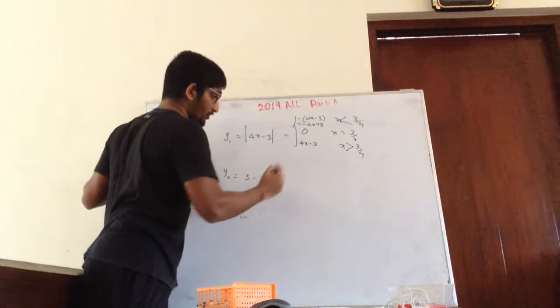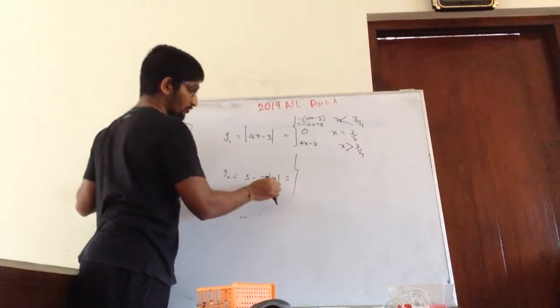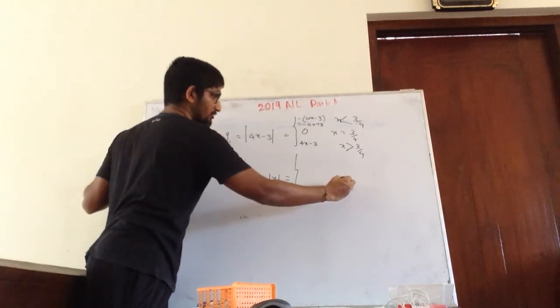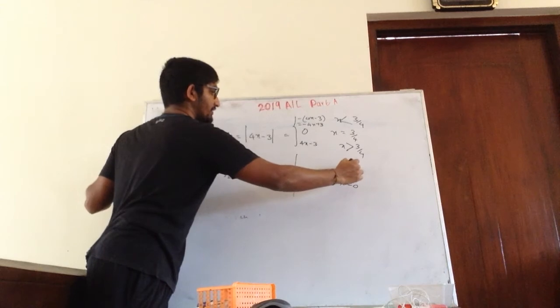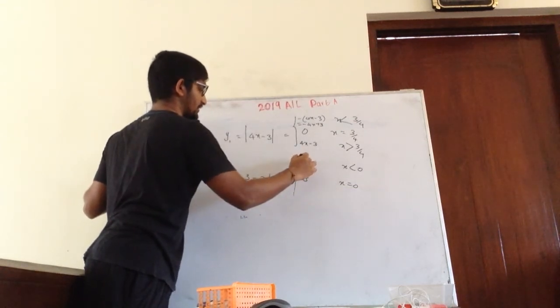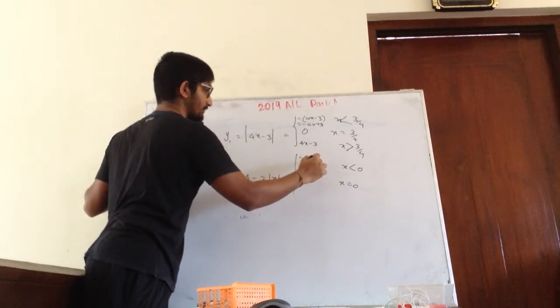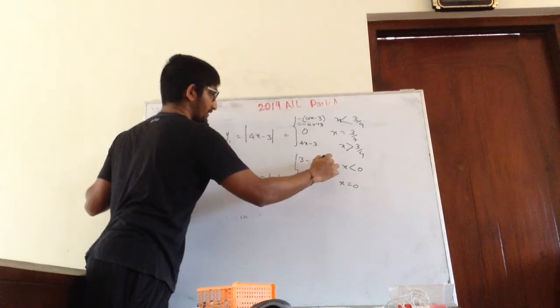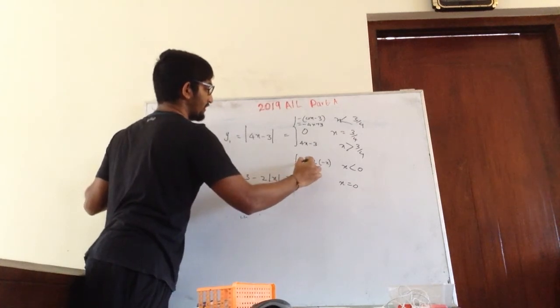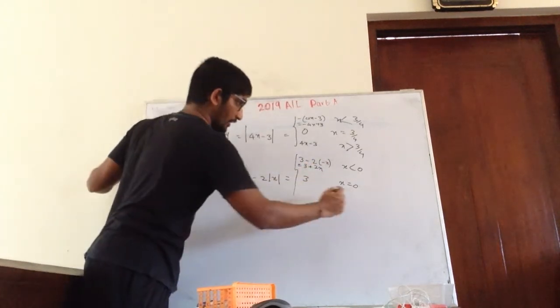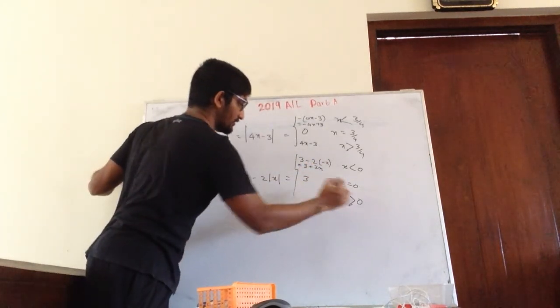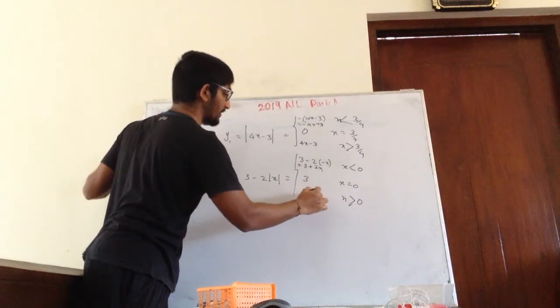Right, so then the modulus becomes 0 at x equals 0, that means you will get 3. When x is less than 0, you will get 3 minus 2 times minus x, that means 3 plus 2x. When x is greater than 0, you will get the positive part, 3 minus 2x.